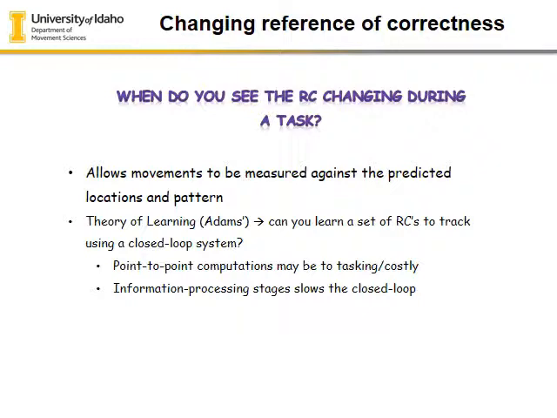These information processing stages slow the closed loop by doing this repeated point-by-point computation. So the idea is that we have a number of references of correctness that remove the need to go point by point. And the only way you build up these references of correctness is through practice and repetitions.